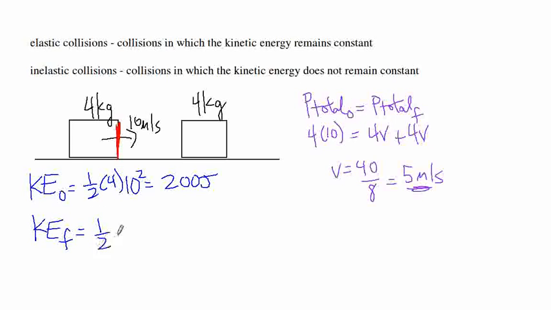So we have 1/2 times 4 times 5 squared, and then the kinetic energy of the second object will also be 1/2 times 4 times 5 squared.